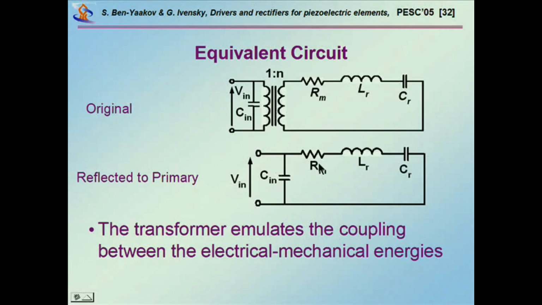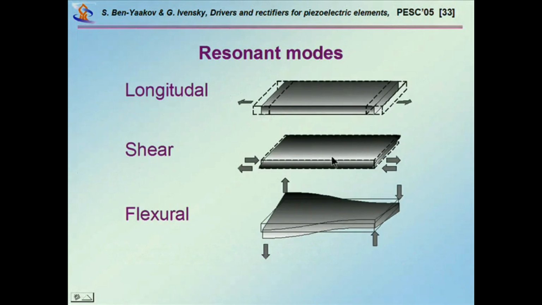And of course, you can reflect this part here back into the primary, so-called, and therefore you get the very famous equivalent circuit of a vibrating element or piezoelectric element, in which this is the only truly electrical component, while these represent the mechanical part.